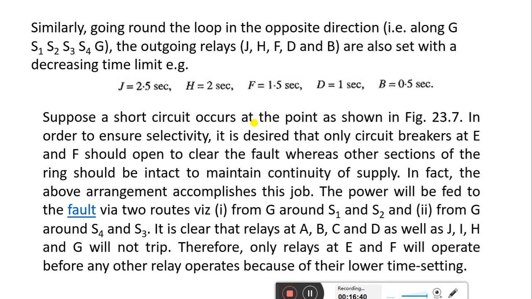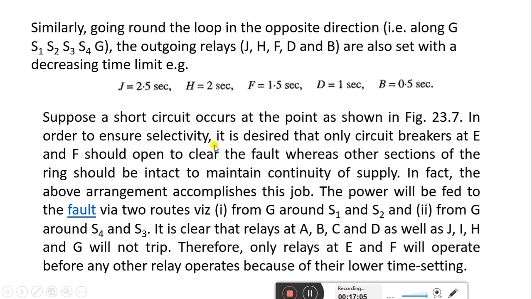We have not discussed so far how the system will operate if there is a fault at any point. So now we'll come to this point. Suppose a short circuit occurs at the point as shown in the figure, the figure which I have already discussed.